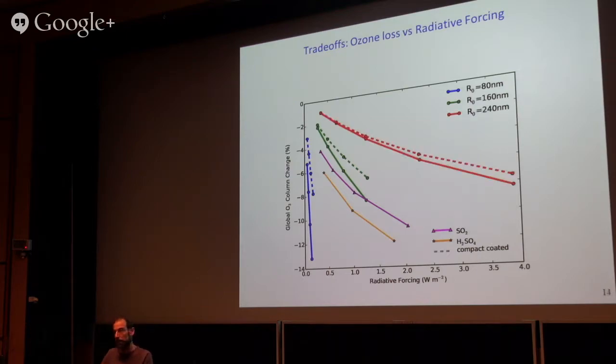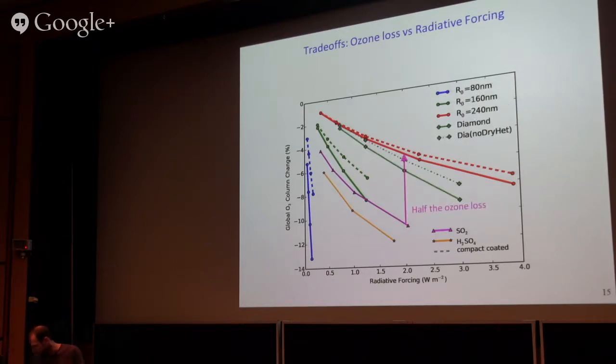What you're seeing here is a lot of things pulled together. This is simply the down-scattering. This is reflecting how much agglomeration there is into the higher-order aggregates. And the bottom line is that with alumina, to choose one example, and these high-index solids really, we have about half the ozone loss for the same radiative forcing as we do with sulfates.